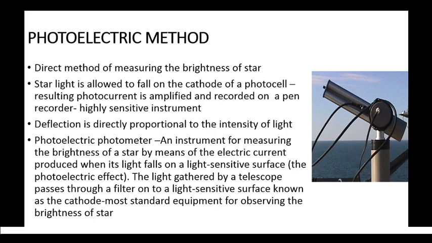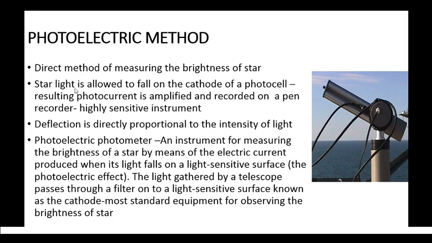So continuing that topic, we are discussing another method of measuring the brightness of a star, and that method is known as the photoelectric method, which is a direct method of measuring the brightness of the star. So what is happening in this method? Let's see.